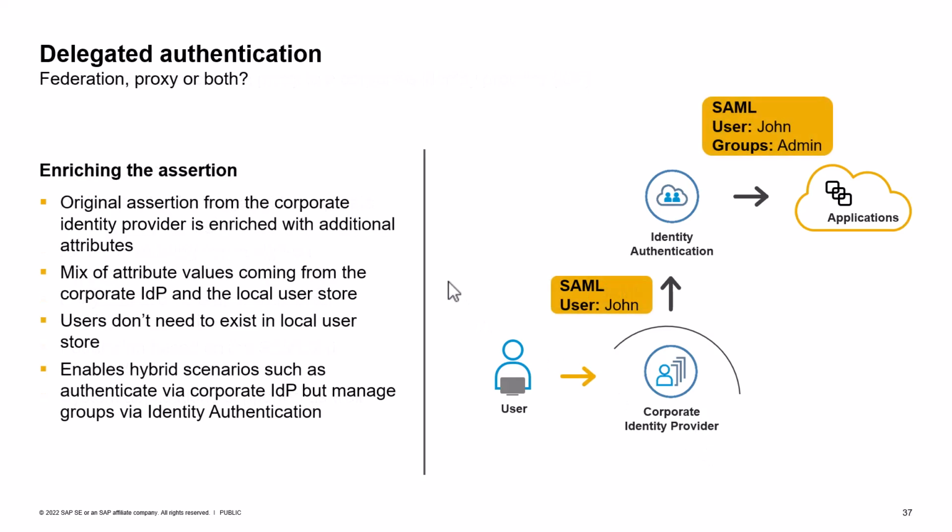Now, in addition to that, once the user logs into the corporate identity provider, the corporate identity provider issues a SAML assertion, but the identity authentication can enrich that SAML assertion. It can look into its local directory, enrich the SAML, and then pass it on to your application as well.